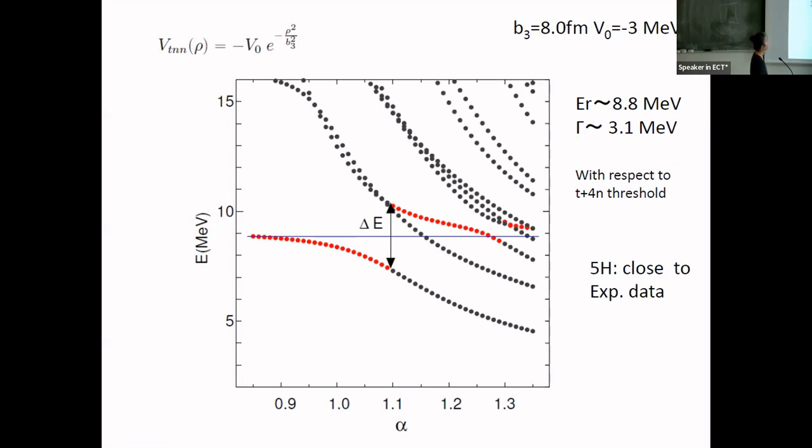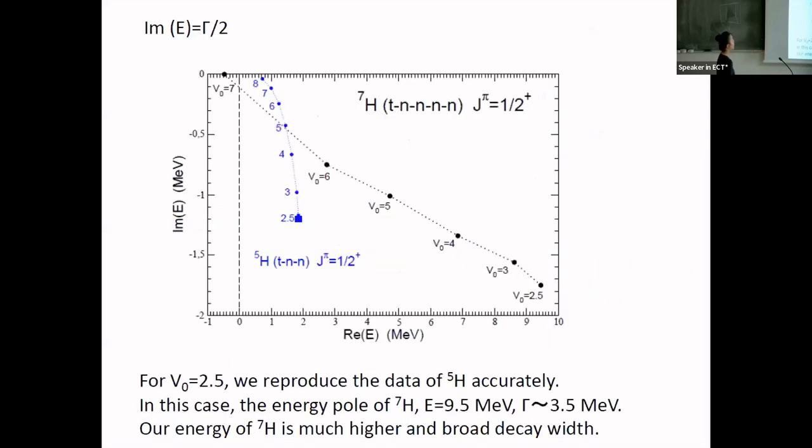The energy of hydrogen 7 is around 8.8 MeV, and the decay width corresponds to this avoided crossing energy, and we can estimate the decay width is around 3.1 MeV. Okay. So in this way, in the case of hydrogen 7, we use the real scaling method.